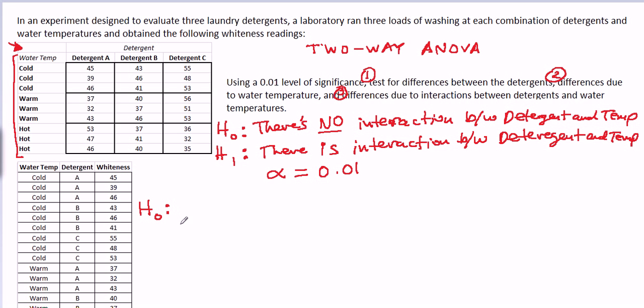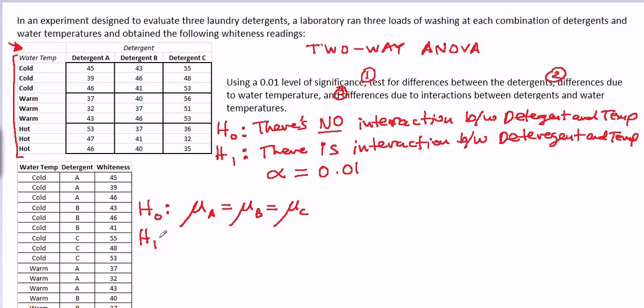So we're saying the null hypothesis, remember, is that the mean of all the levels of the factor are equal. So mu of detergent A equals mu of detergent B equals mu of detergent C. This is saying in words that all the laundry detergents have equal mean whiteness readings. So in lay terms, they all perform equally.